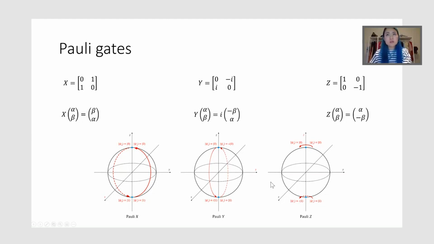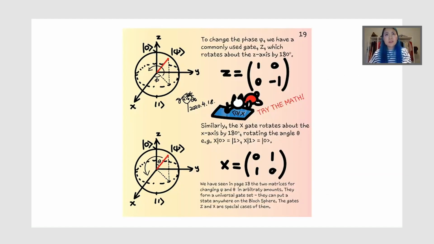So these are some very commonly used gates. And if you want to look at the sphere, a Z gate is basically rotating your vector around the Z axis, and an X gate is rotating around the X axis. The Y gate is actually a combination of X and Z, so you actually just need the X and Z. You don't need the Y gate. But I will show you more about the Bloch sphere next time. Don't worry about it.